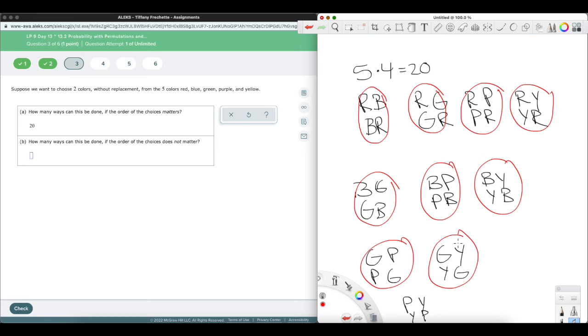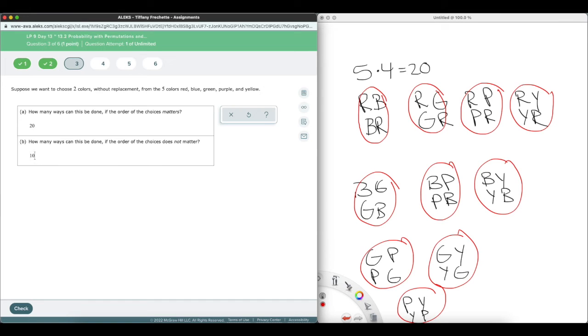If you notice, it cuts it in half because I'm choosing 2, so I'm kind of flip-flopping those numbers. So I have 10 in which the choice does not matter. It doesn't matter if I choose red first or blue second, blue first or red second. It's the same thing. I have a red one, I have a blue one. So it's not going to make any difference.